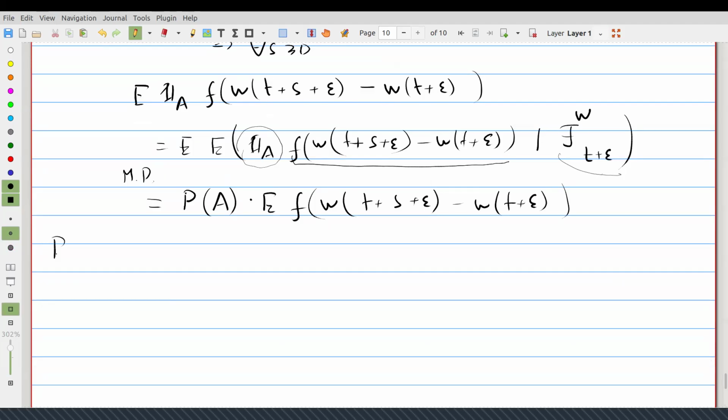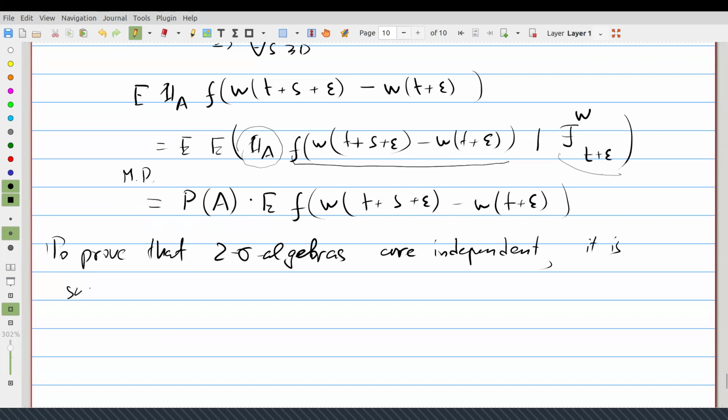Now, like a remark or recollection. To prove the two sigma algebras are independent, it suffices to check it on such systems. Why?